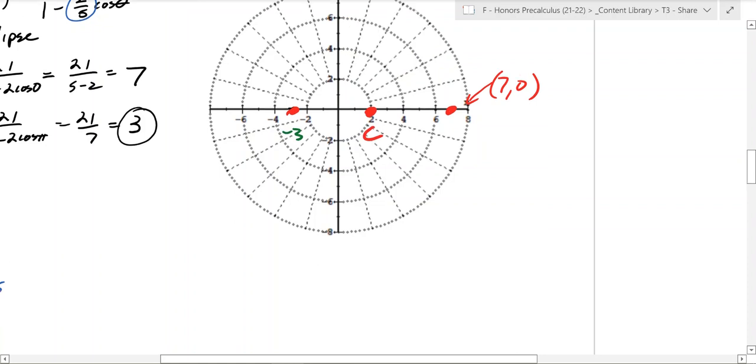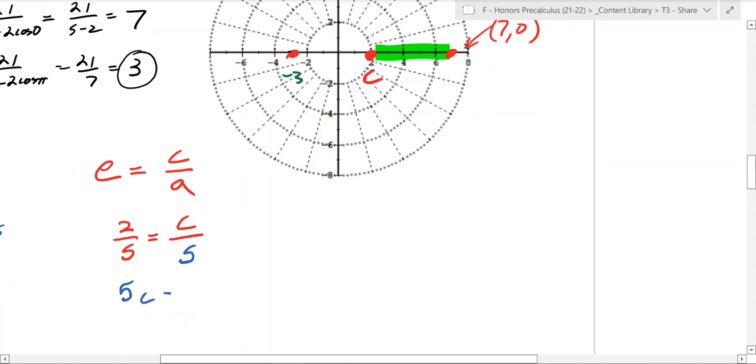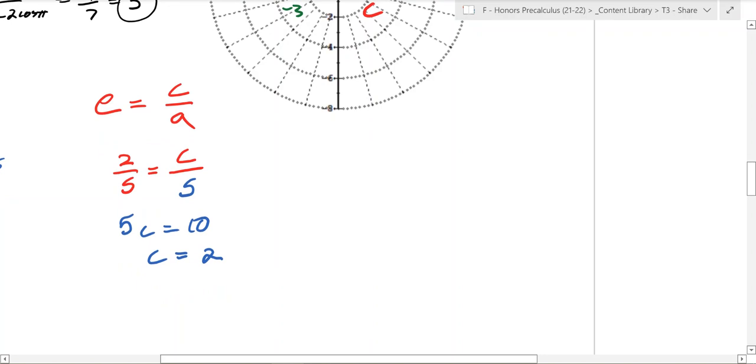So what does that tell us? Well, we know the eccentricity of an ellipse is c over a. So we know the eccentricity is 2/5 already. So that's going to be c over, well, we know this distance right here is 5. So that tells us that 5c is equal to 10, so c is equal to 2. We also know, because it's an ellipse, that c squared is equal to a squared minus b squared. So 4 is equal to 25 minus b squared.